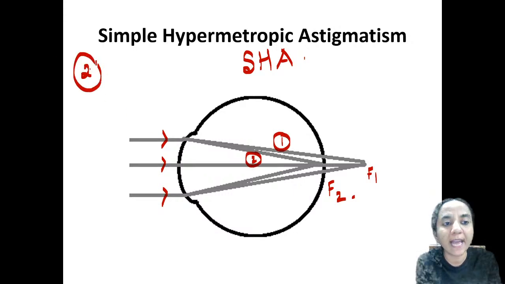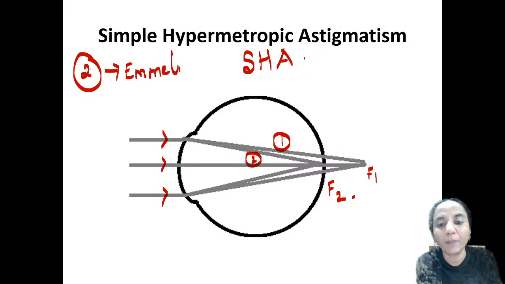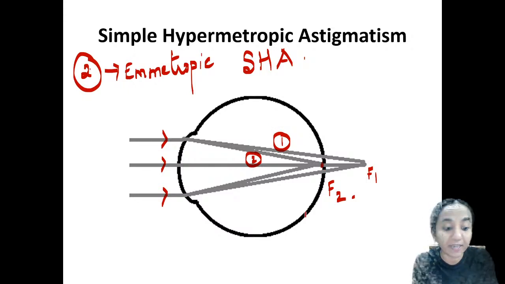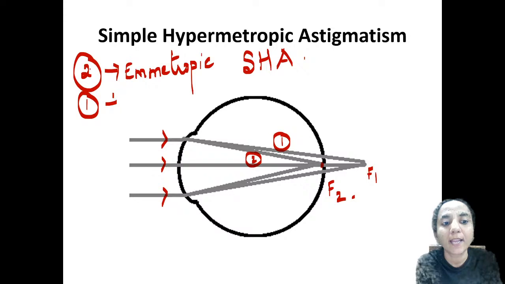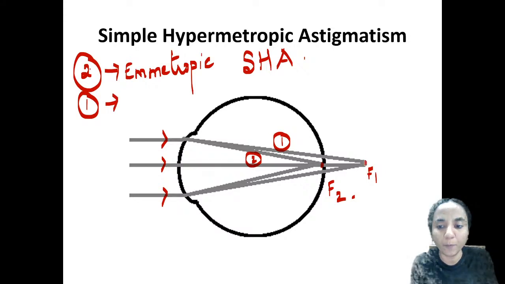If I name this axis as 2 and this axis as 1, you see that axis 2 is emmetropic. Why? Because F2 lies on the retina, so the rays of light here have met on the retina. But axis 1, look at the position of F1. Is it emmetropic, myopic or hypermetropic?